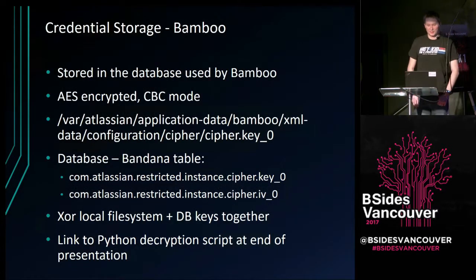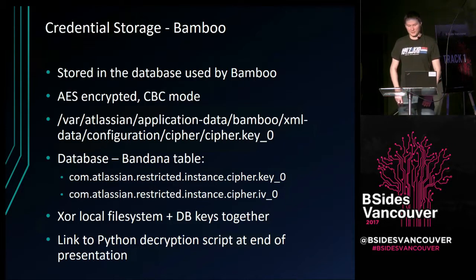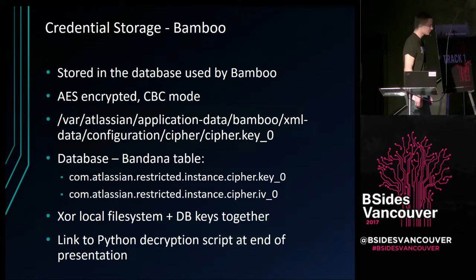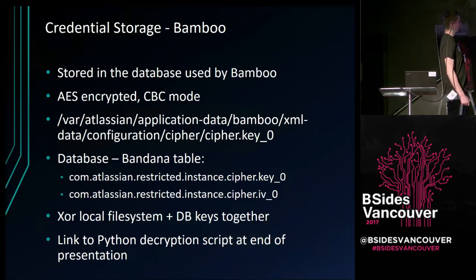Bamboo takes credentials and stores them in its database. It doesn't store them on the file system necessarily, although the database might be on the file system depending on how you've configured it. It takes a similar approach as TeamCity; it's kind of like a bit of TeamCity and a bit of Jenkins.